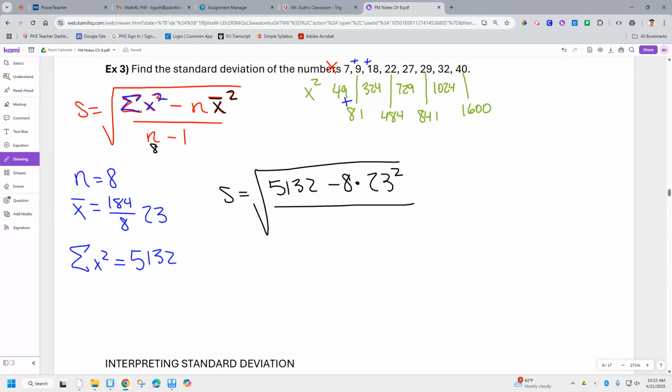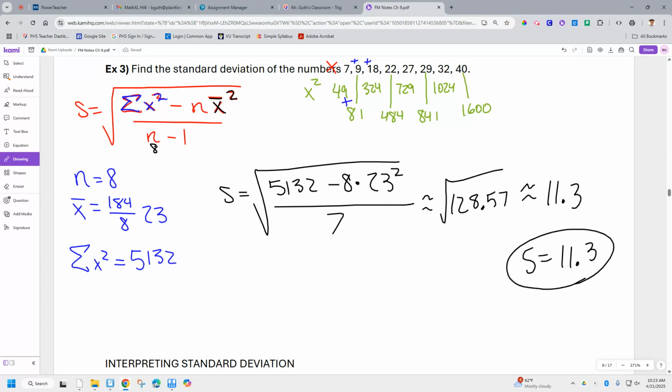Well, if n is 8, then n minus 1 is going to be 7. You can plug that into your calculators. And we're going to get about the square root of 128.57. Square root of 128.57 is about 11.3. So we find the standard deviation. We're going to call the standard deviation 11.3.